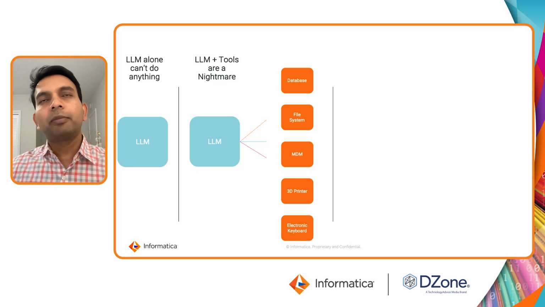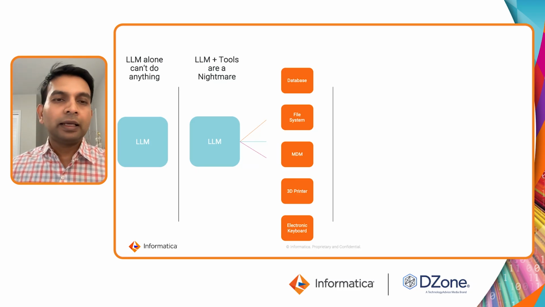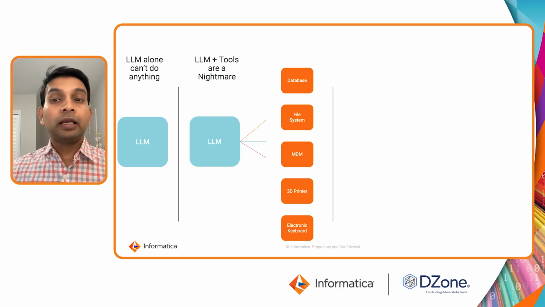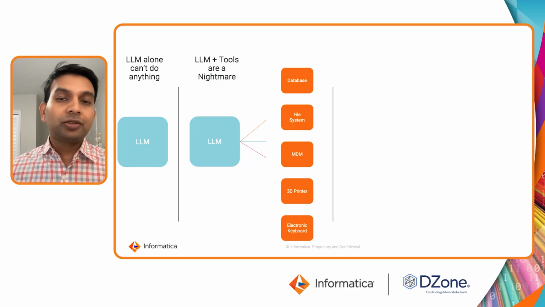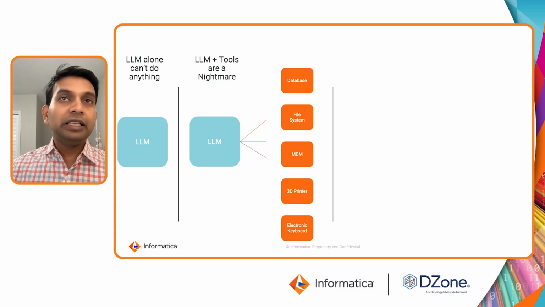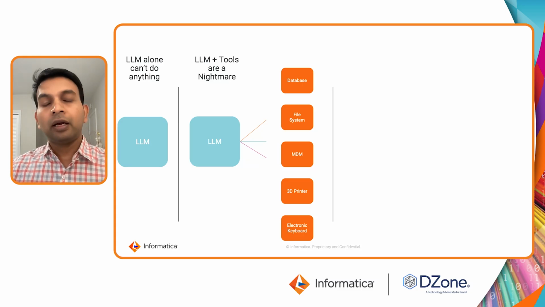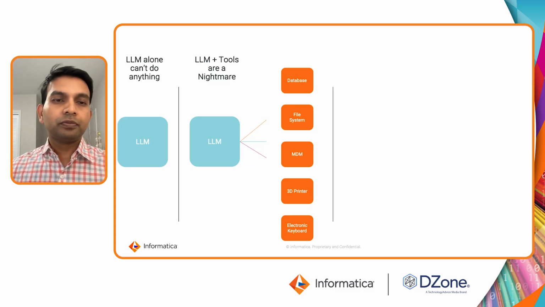This is quickly becoming a nightmare. Every LLM will need custom integration for every tool. And when you switch your LLM provider from, say, OpenAI to Claude Anthropic, you will have to rebuild everything. And when you add a new database, you write integrations for each and every AI model or LLM.